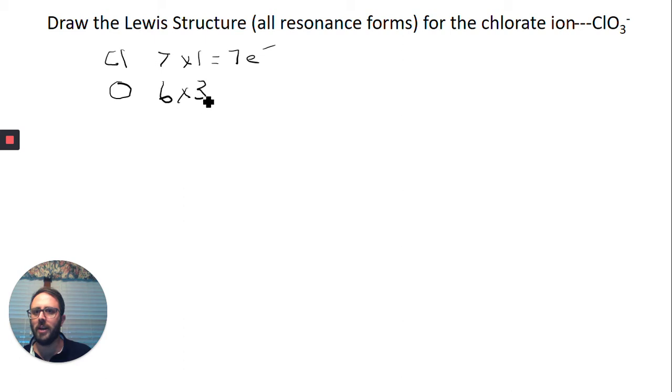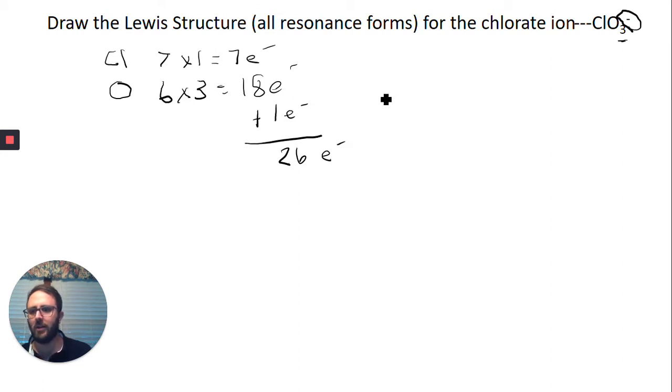There are 3 oxygen atoms, so that gives me 18 valence electrons. But then we have a charge, the -1 charge, so we're going to add 1 electron. We're going to add these up. This is going to give me 26 total valence electrons contributed by this molecule.